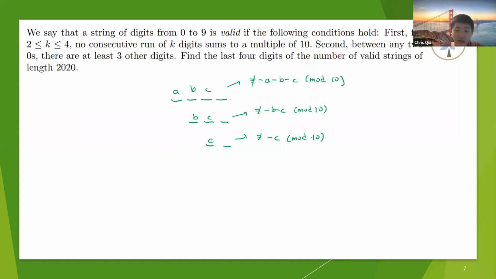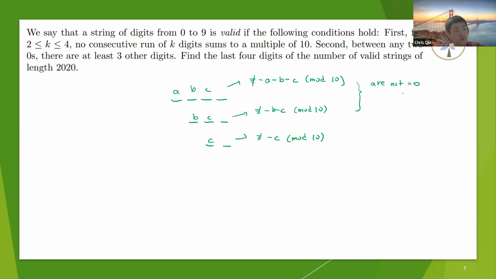And we can also notice that if we're given a valid string of 2020 digits, or any number of digits, A plus B plus C, B plus C, and C, or rather, these 2 values, A plus B plus C and B plus C, are not 0.